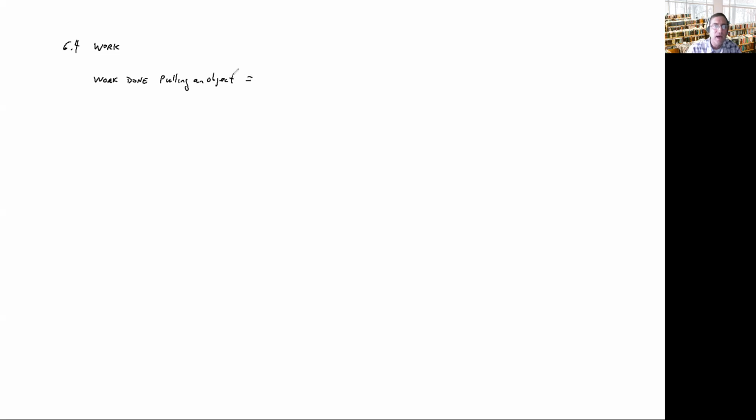You can think about how much force you've expended over the distance of pulling that object along the floor. So it would be force times distance. But that's provided that the force is constant.